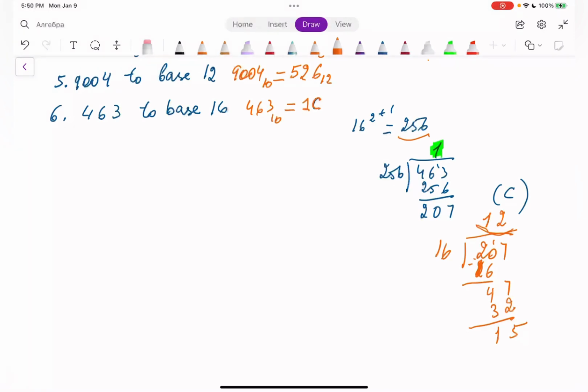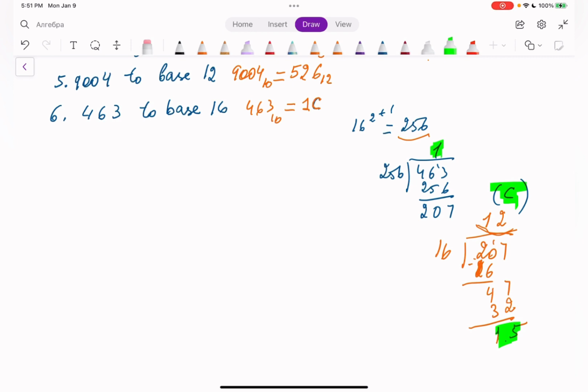Okay, so we get 15. 15 is not divisible by 16 because base is 16, which means we arrived at the end. But we're supposed to have three numbers, right? So we have 1, and then C is the second one, and 15 is the third one. Since it's two digits, this number 15 is also going to be replaced by a letter.